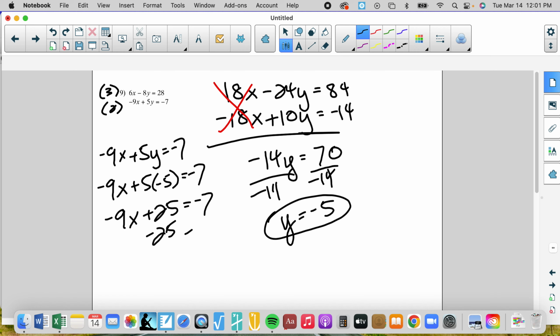Minus 25, minus 25, negative 9x equals, what's that, negative 32? That doesn't seem right. Let's check our math. Mr. Mac feels like he did make a mistake somewhere. I'm okay with that. That's definitely negative 5, that's good.